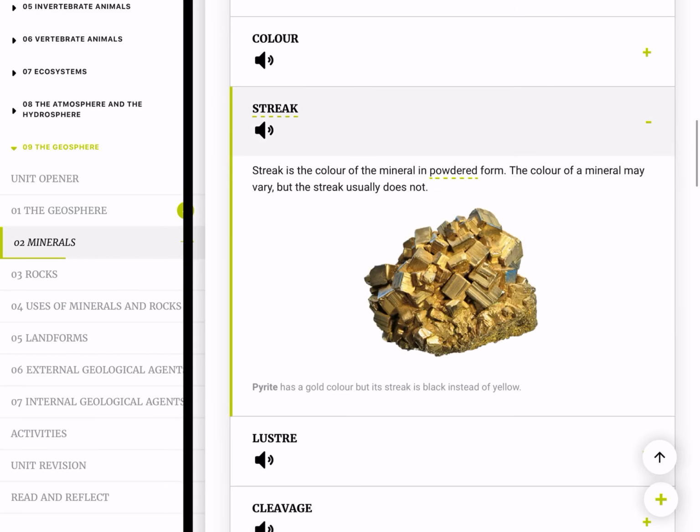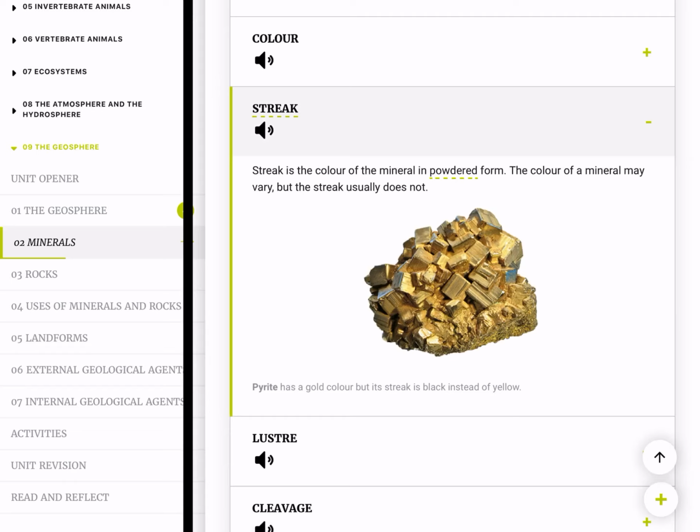The streak is the color of the mineral in powder form. I told you before, color is quite tricky, and even the same mineral sometimes presents different colors. However, if we get the powder form, the color is always the same, even if the mineral's color is different.